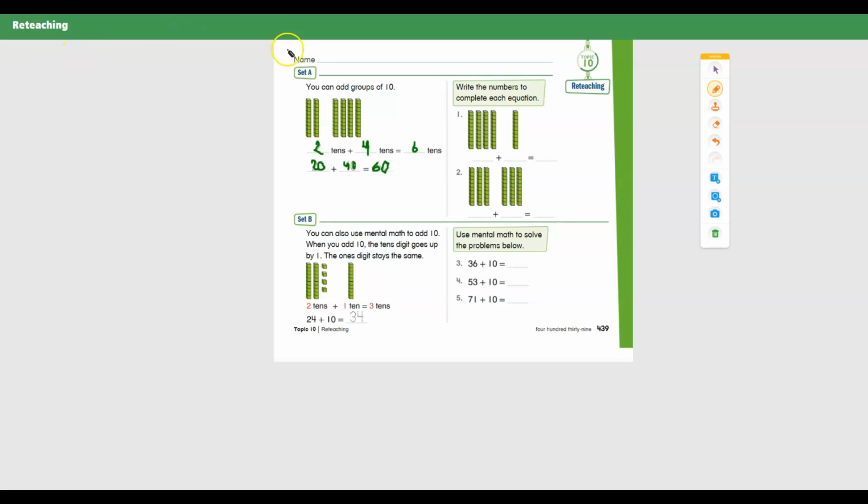For set B, our example says you can use mental math to add 10. When you add 10, the tens digit goes up by 1. The ones digit stays the same. In our example, it says 2 tens plus 1 ten is equal to 3 tens.